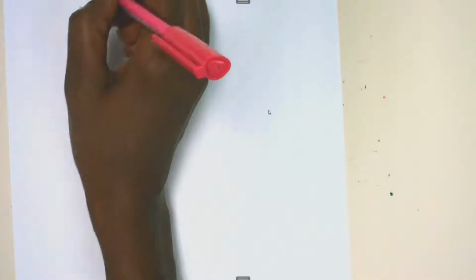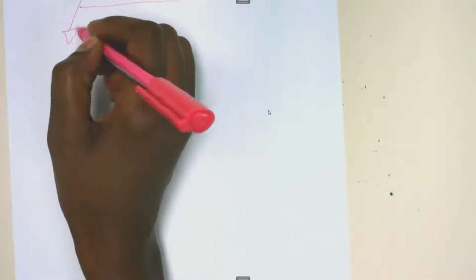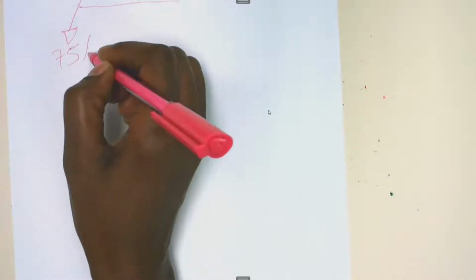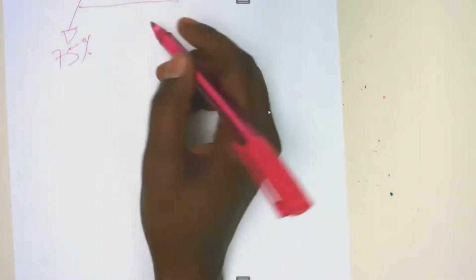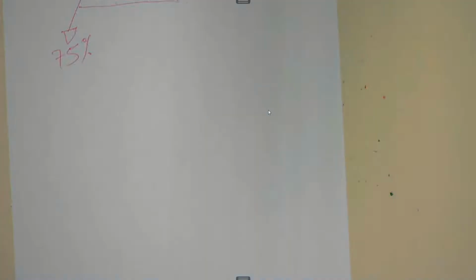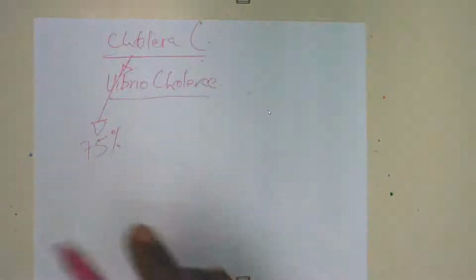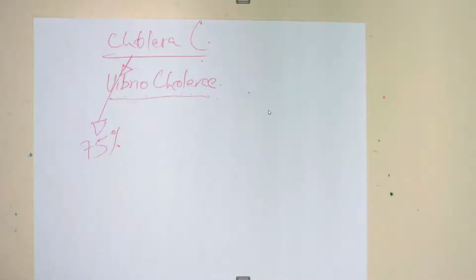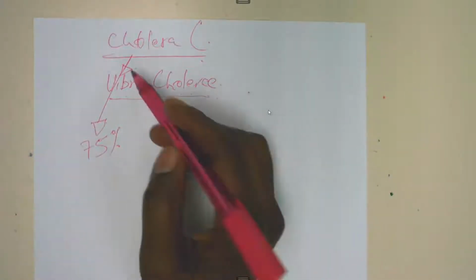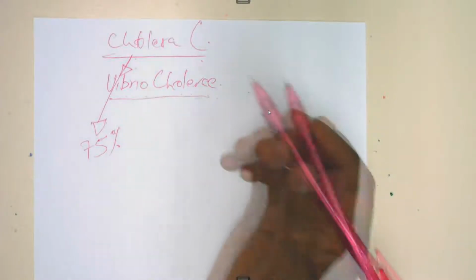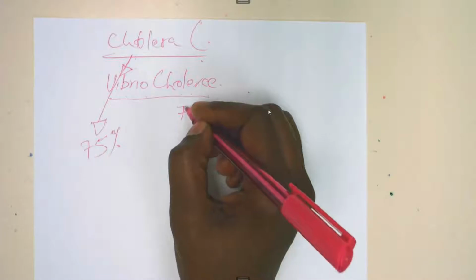And then again, when we look at this disease, it has been said that 75% of people infected with cholera don't develop any symptoms, but the bacteria stays in their feces for 7 to 14 days.